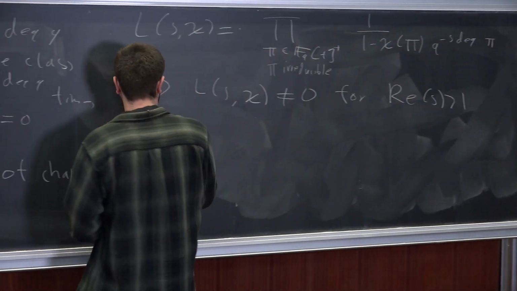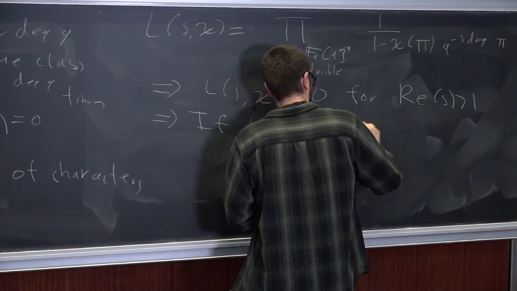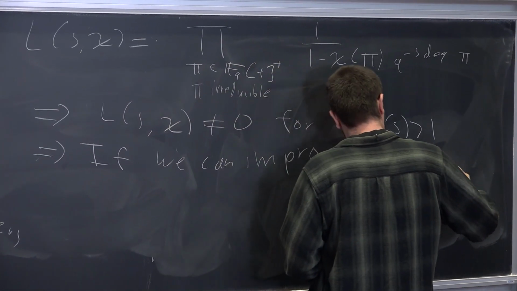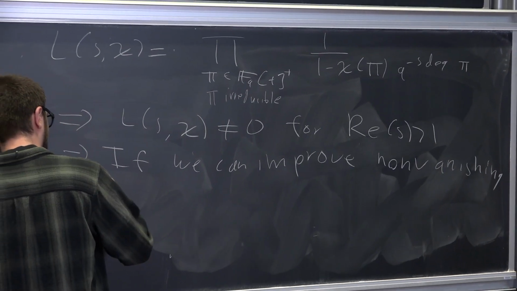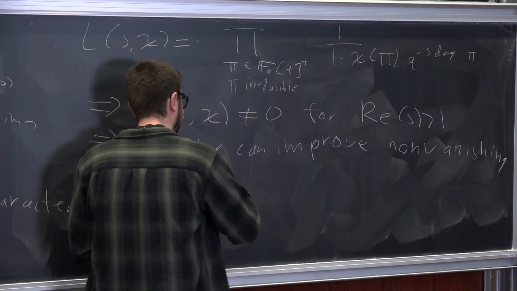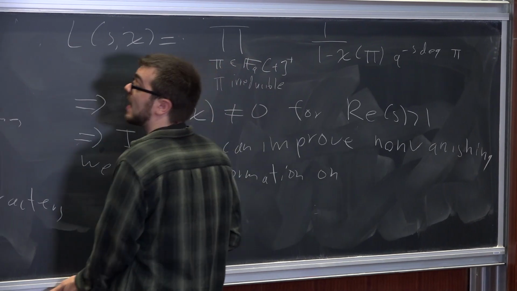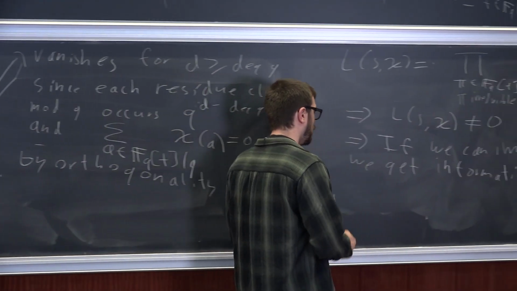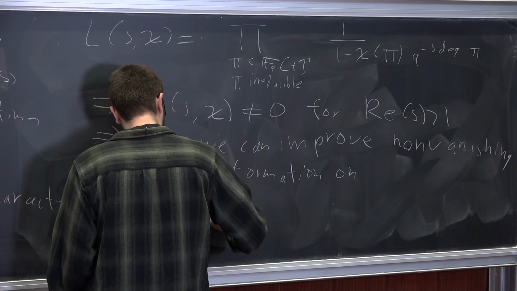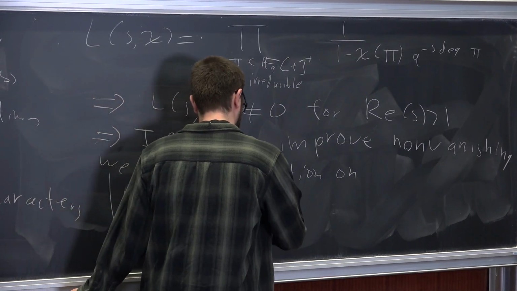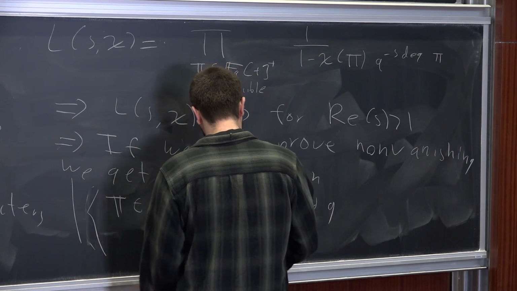And then it also implies, if we can improve the non-vanishing, we get information on the analog of the primes in arithmetic progressions problem, which would be the set of pi in F_q adjoin t plus, such that pi is congruent to a modulo g, and pi is irreducible.